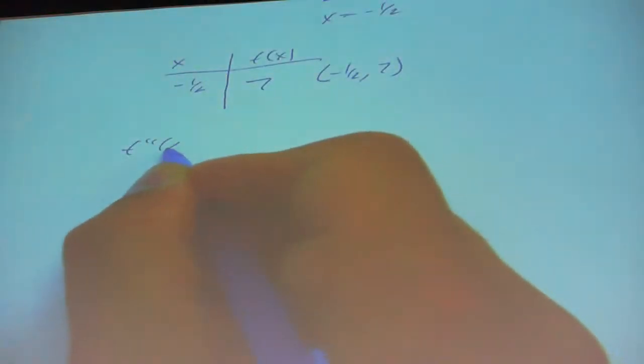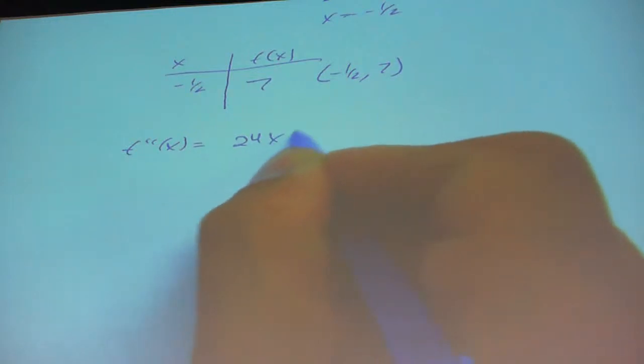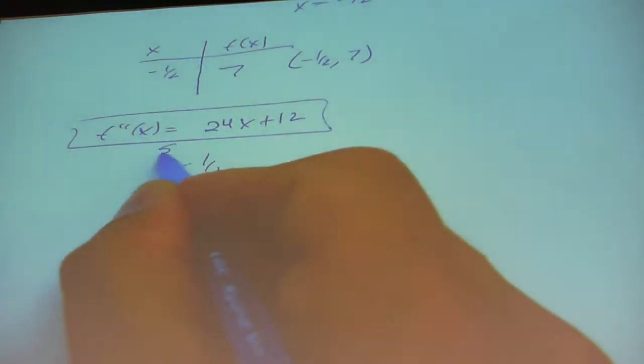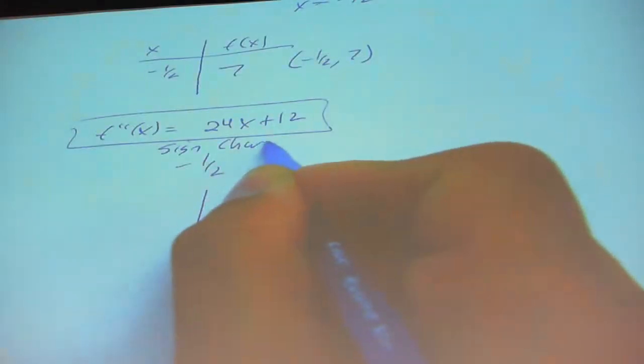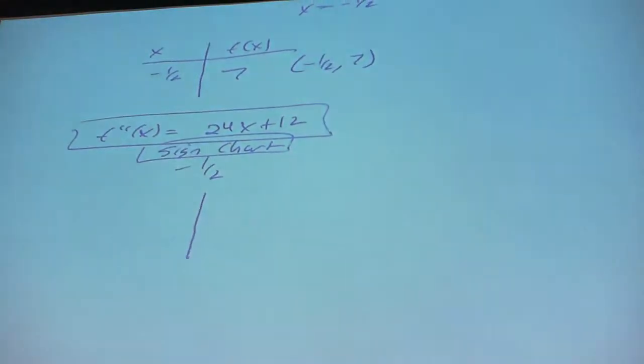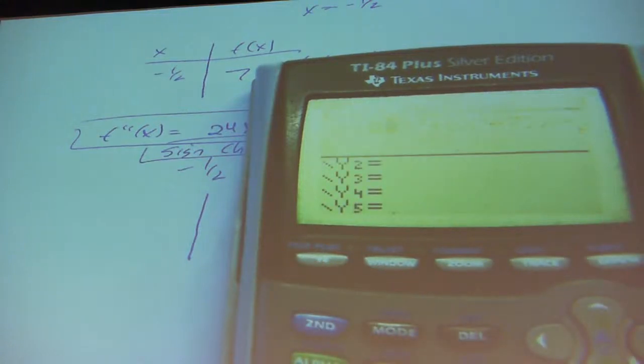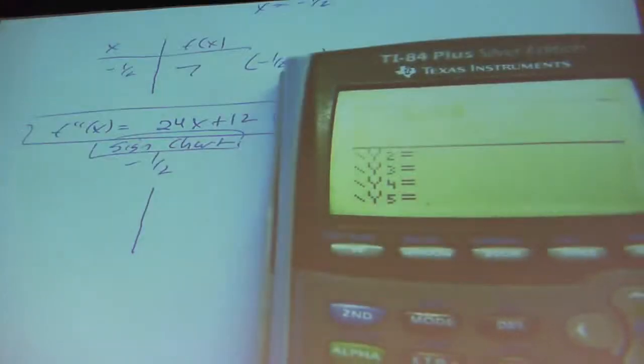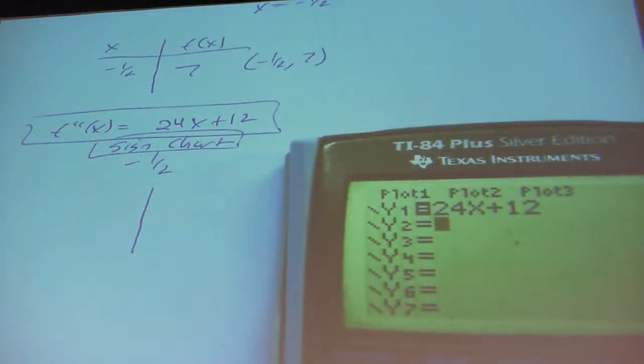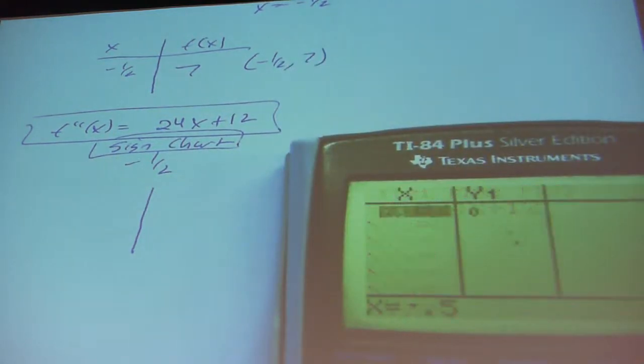So again, remember, our second derivative is 24x plus 12. The number that we found is negative a half. So with the sign chart, we're going to look at before negative a half and after negative a half in the second derivative. So if I go to the second derivative and type in 24x plus 12, go to the table feature.